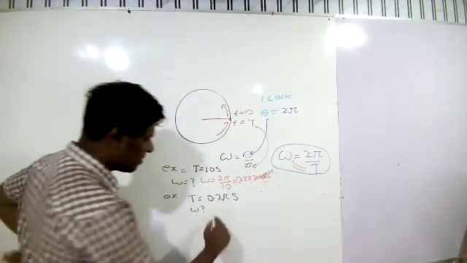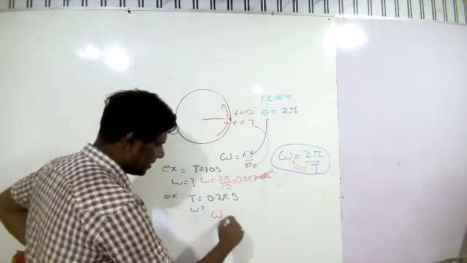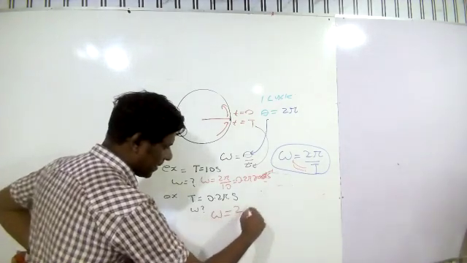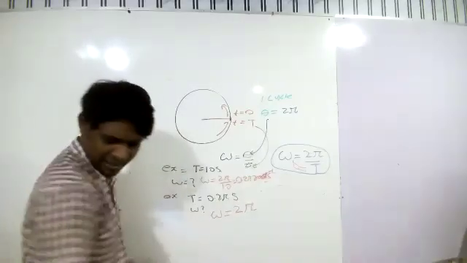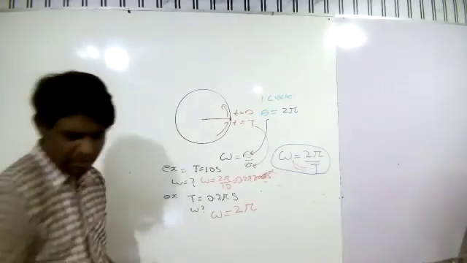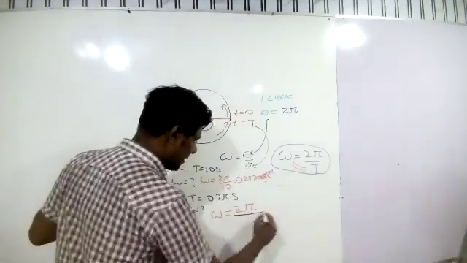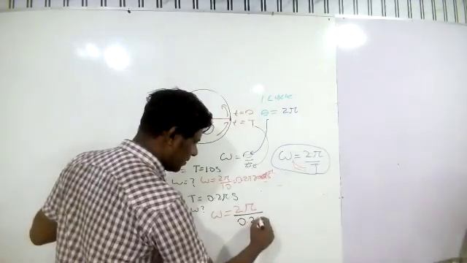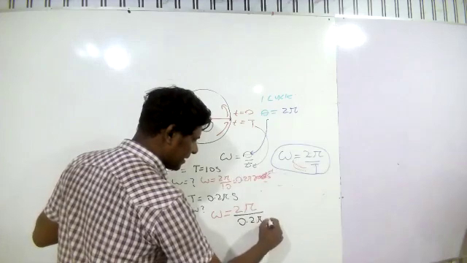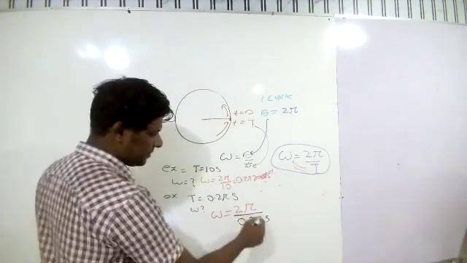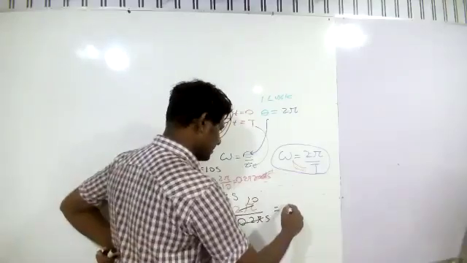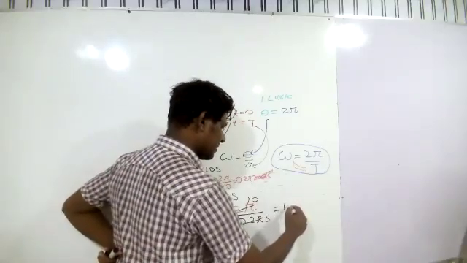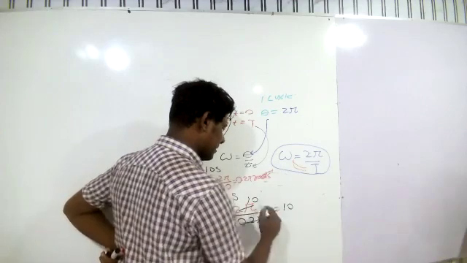Here, omega equals 2 pi divided by 0.5 seconds. There are 10 of that, so what is it? 10 rad s minus 1.